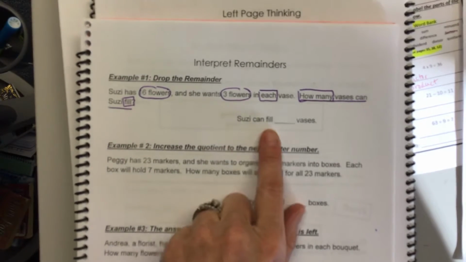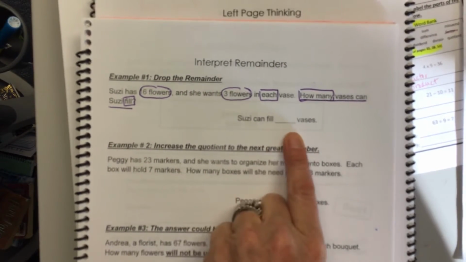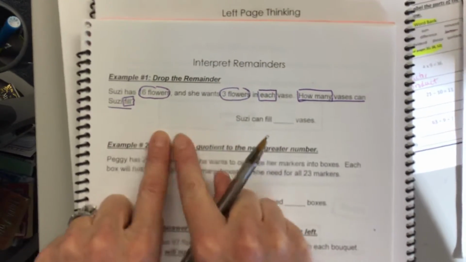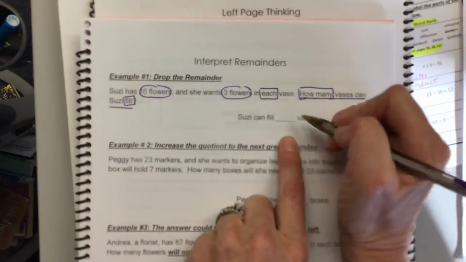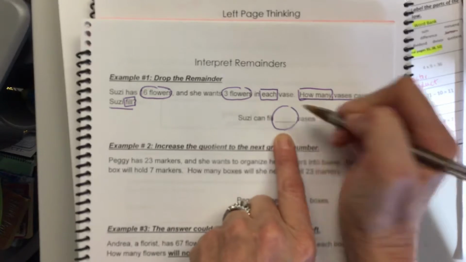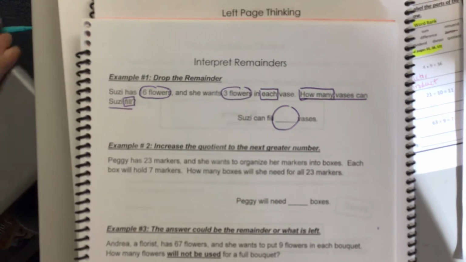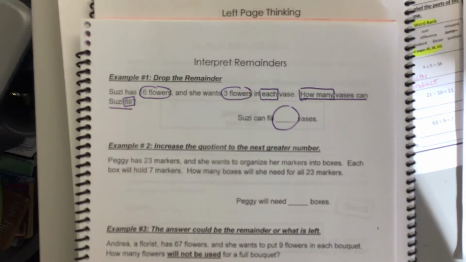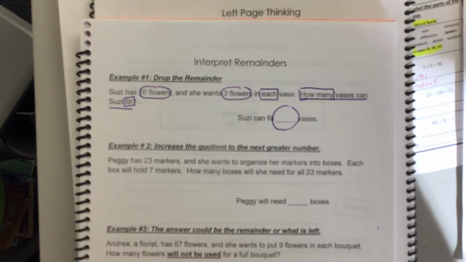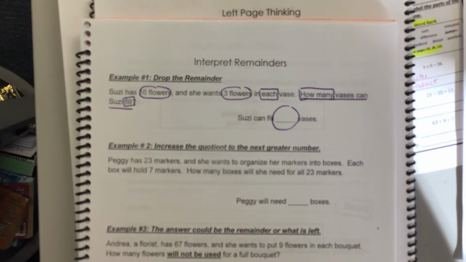Okay? So when I divide, I might have a remainder in my division problem, but I should not have a remainder here. That wouldn't make sense to have like 2 remainder 4 vases. That doesn't make sense. There's no such thing as a remainder 4 vase, right? So I would either need 2 or 3 or whatever my division problem turns out to be.